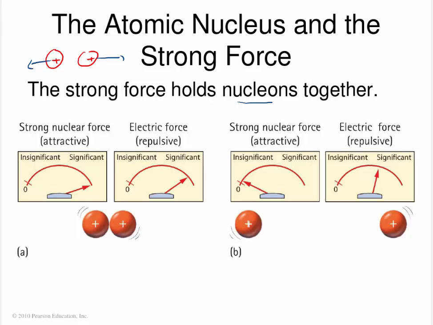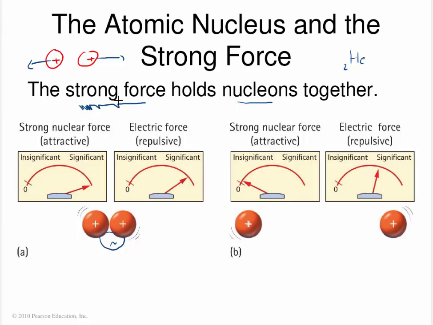And yes, 2 positively charged protons would repel each other. This would be an example of helium. Remember, helium is going to have 2 protons and a certain number of neutrons. Let's say we have 1 neutron, and what that neutron does is it acts like glue, and it has this thing called the strong force. The strong force is very, very, very strong, hence its name.